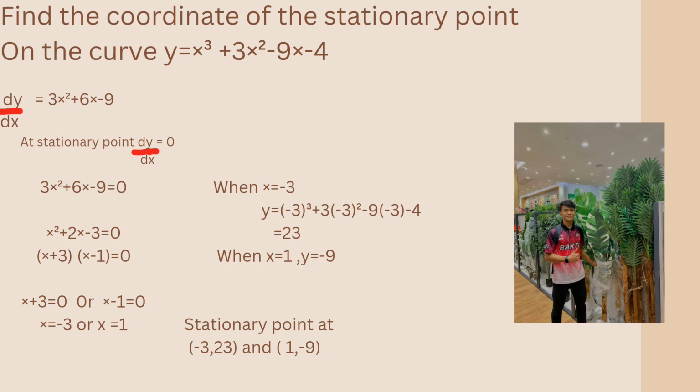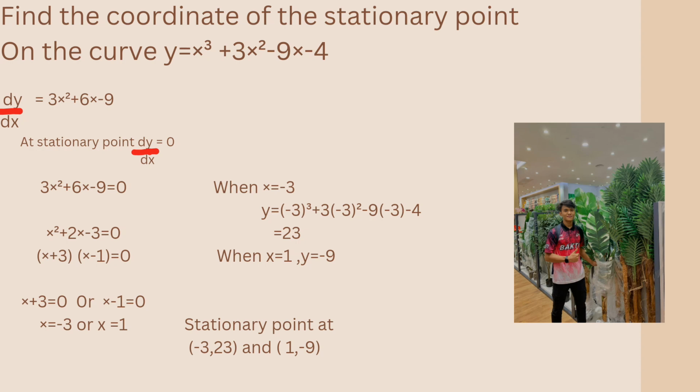At stationary points, dy/dx equals 0, so 3x squared plus 6x minus 9 equals 0. After that, we divide the equation by 3. So x squared plus 2x minus 3 equals 0.